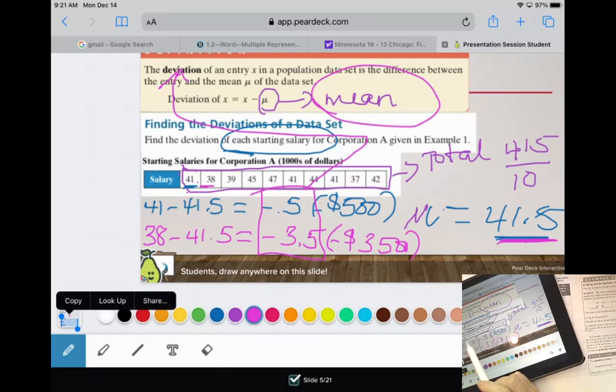Then I went to 38, 39. Then you can just go through the table. So you don't have to start from the lowest one. You don't have to go in order. As long as you do all of them, then you're fine. For this question, it's asking for all of them, so you should subtract all of them.